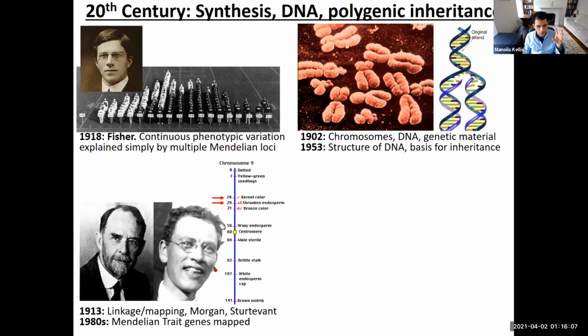Because what Morgan and Sturtevant showed, and again, this was well before we understood the molecular basis of all that, was that genes that are near each other in the chromosome tend to deviate from independent assortment. If you're looking at yellow-green seedlings versus brown midriff, then these actually segregate independently and follow Mendel's rules.